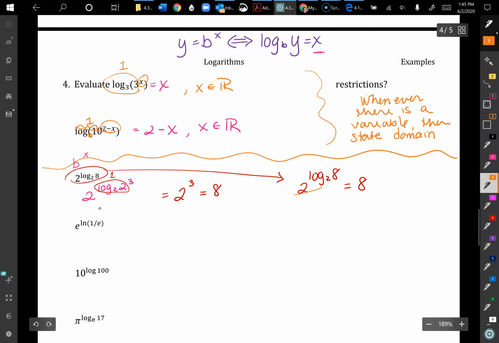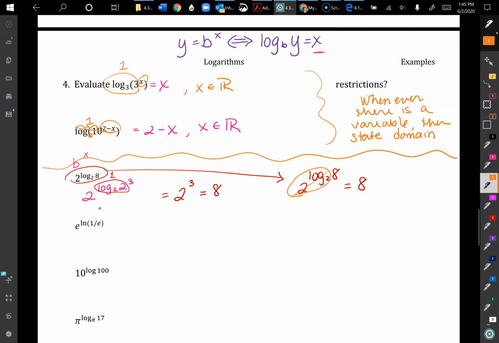So notice this pattern and how that kind of just undoes. That's because we have an inverse operation happening. It will become just 8. Okay, so we're left with that exponent, if you want to think of it that way.